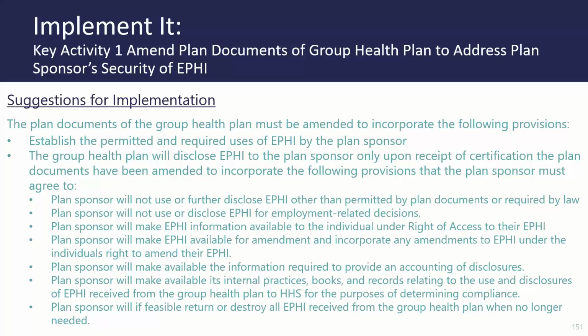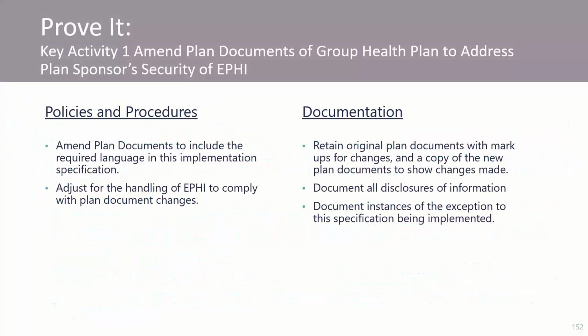You will give them an accounting of disclosures, and you will make internal practices, books, and records relating to the use and disclosure available. So if you're receiving more than summary information on your fully insured plans, then you have to have this information also in your plan document.